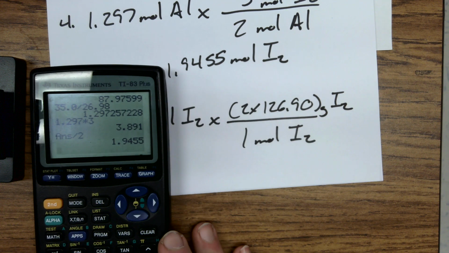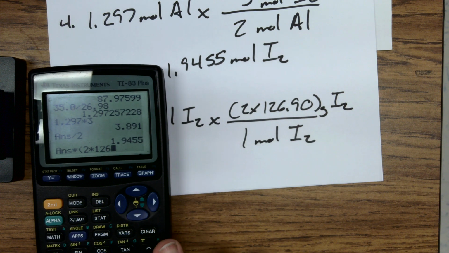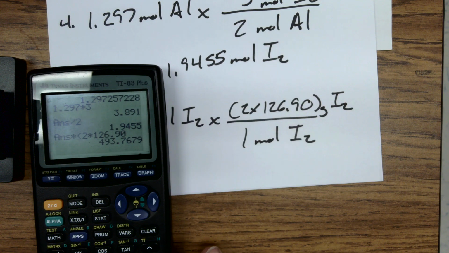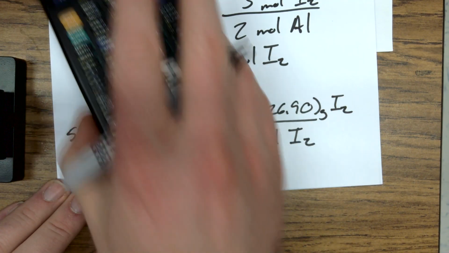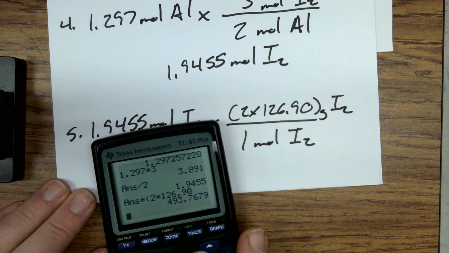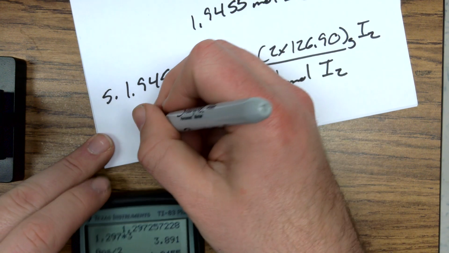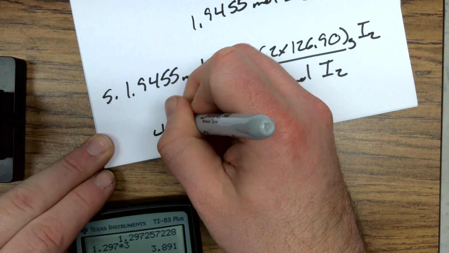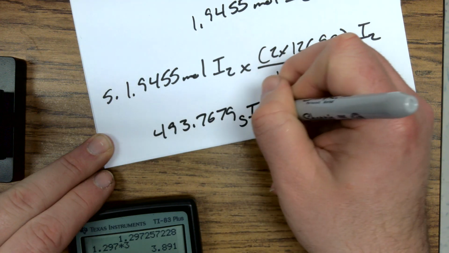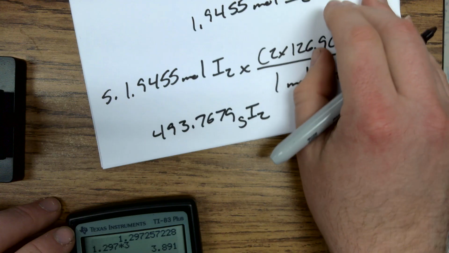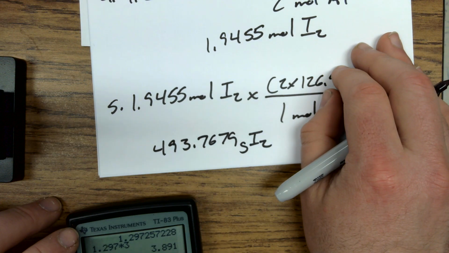So I take my number, multiply that by 2 times 126.90. Gives me an unrounded answer of 493.7679 grams I2. Is that my final answer, though?